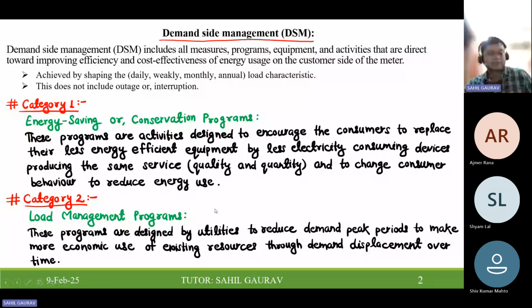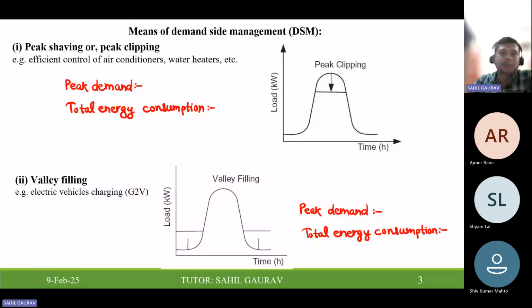If you reduce the peak demand, then the total energy consumption also reduces. An example for peak saving or peak clipping is efficient control of air conditioners and water heaters. So the peak demand reduces and total energy consumption also reduces.